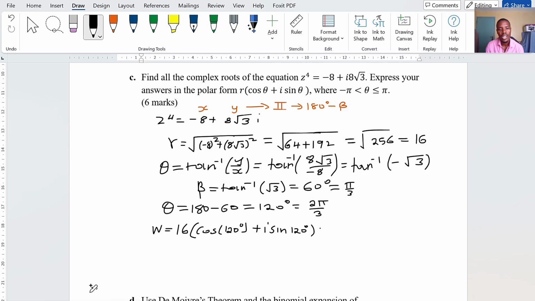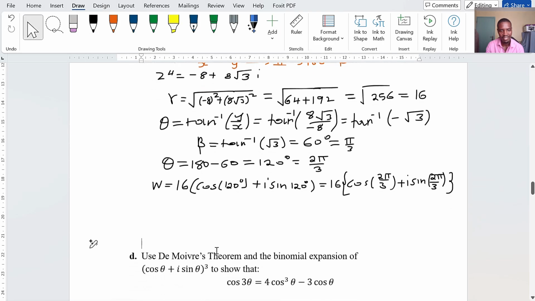If you like, you can use radians by saying 16 into bracket cos 2 pi over 3, then plus i sin 2 pi over 3. We need to make sure this is nice. We have a long way, but we'll just be done, don't worry. Just need to have the correct thing done.